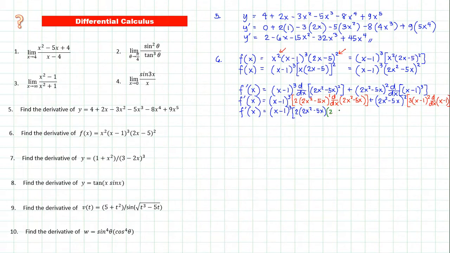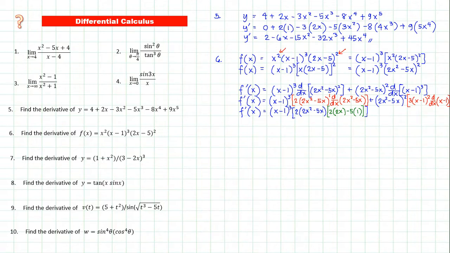Naka-bracket pa rin, so two times 2x minus 5 times 1. Ginawa ko lang yung derivative na nasa loob dahil kaya na natin i-derive yan using our formulas. So, ganyan lang siya. Tapos para makompleto yung ating bracket.